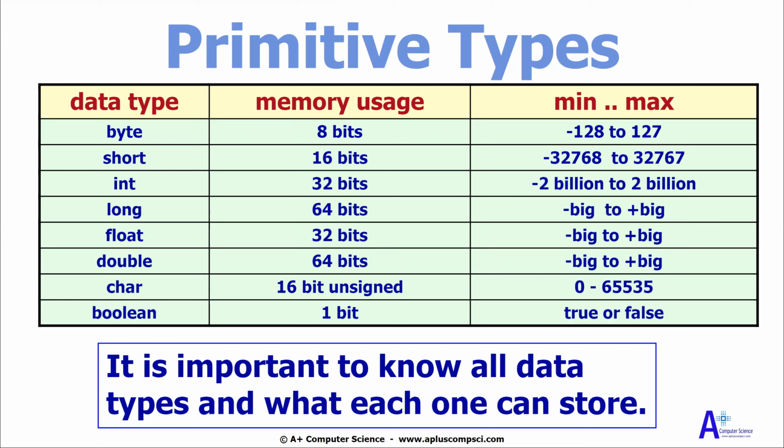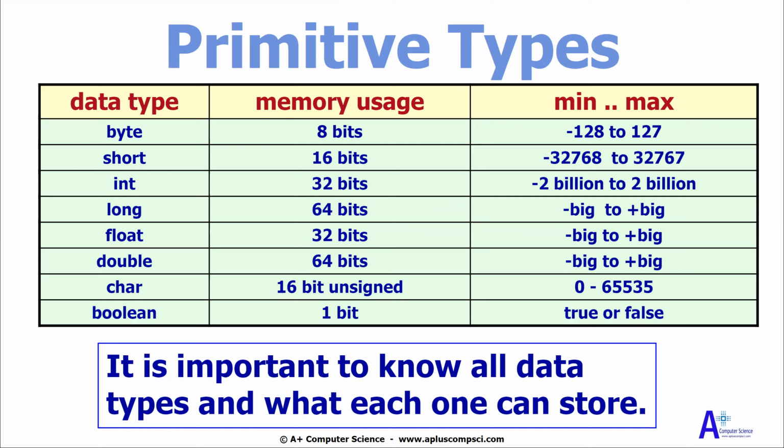I'm sure there are times, if you're an astronomer, when you're going to want more than -2 billion to 2 billion, but we figured that range will cover pretty much anything you would ever want to do. So we usually use integer values. Long, float, double, those are all decimal values. Notice that a byte is 8 bits of memory, then 16 bits, 32 bits.